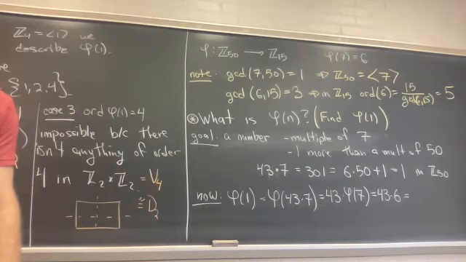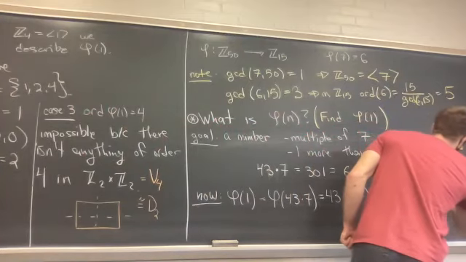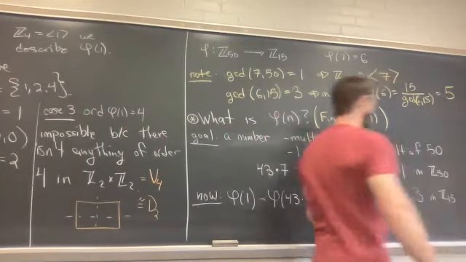Well, you can do 43 times 6 minus 17 times 15. That'll give us the remainder. So 3. It's got a remainder of 3 in Z15.